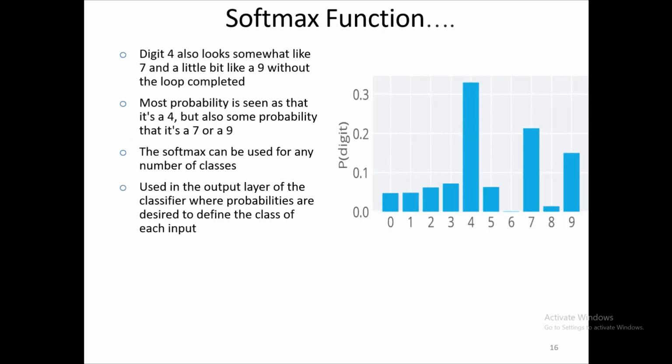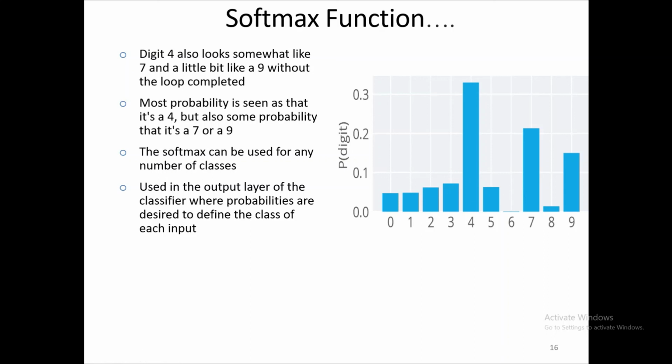We can see here the digit 4 also looks somewhat like 7 and a little bit like 9 without a loop completed. So the most probability is seen at 4, but also some probability that it's 7 or 9. So for 4 we will get the highest probability, and for 7 and 9 we also get a little bit higher, but not like 4.